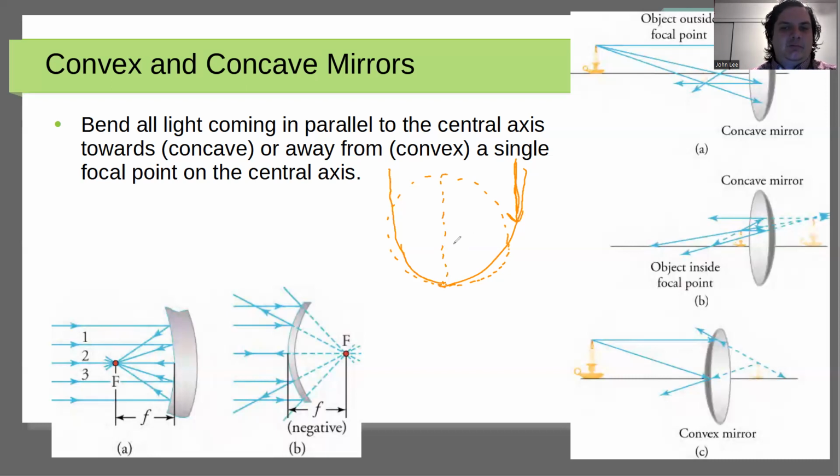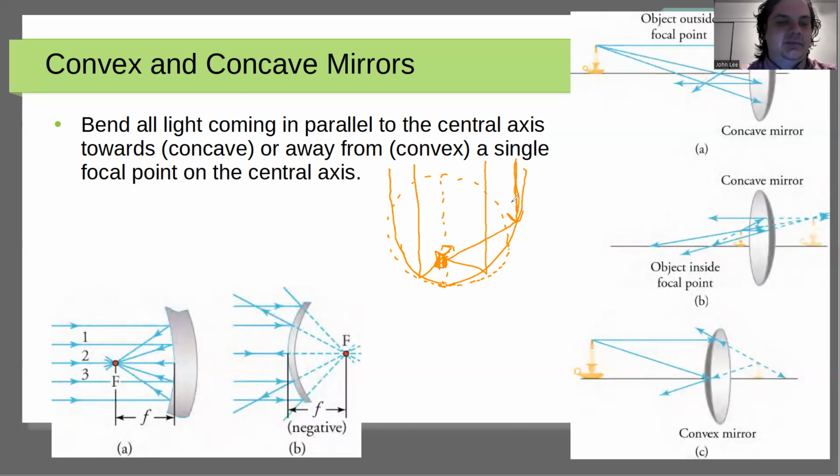So a parabola, when you have a line that's parallel to the central axis, will reflect the ray, no matter where it comes from, into a point called the focus, which is somewhere along the central axis. So you come from this end, it's going to go through the focus. You come from the other end, it's going to come through the focus.